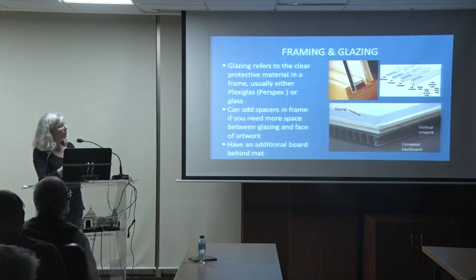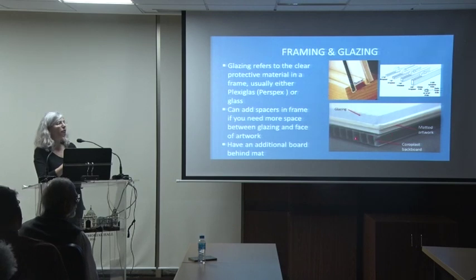These are some examples of different kinds of spacers that you can add into your frame. And then within the frame itself, these are going to be kind of the layers that you have. You're going to have your glazing on the top. You're going to have your mat board sandwich with your artwork in between. And then it's always a good idea to have a backboard. The purpose of the backboard is to prevent any damage from happening from the back.